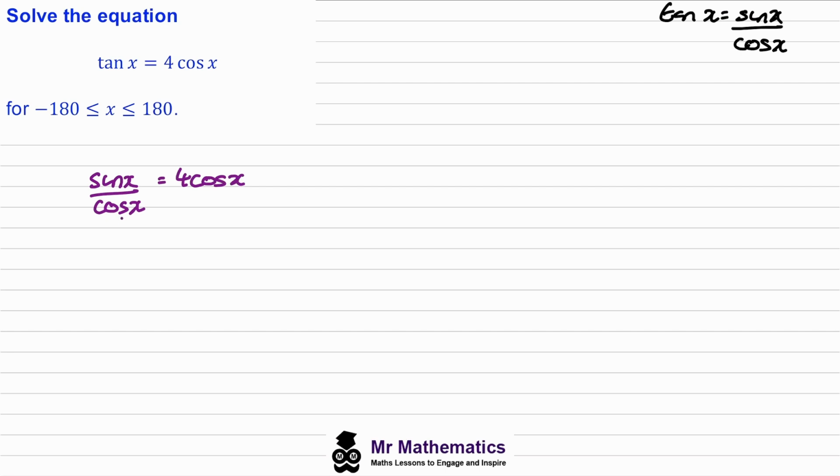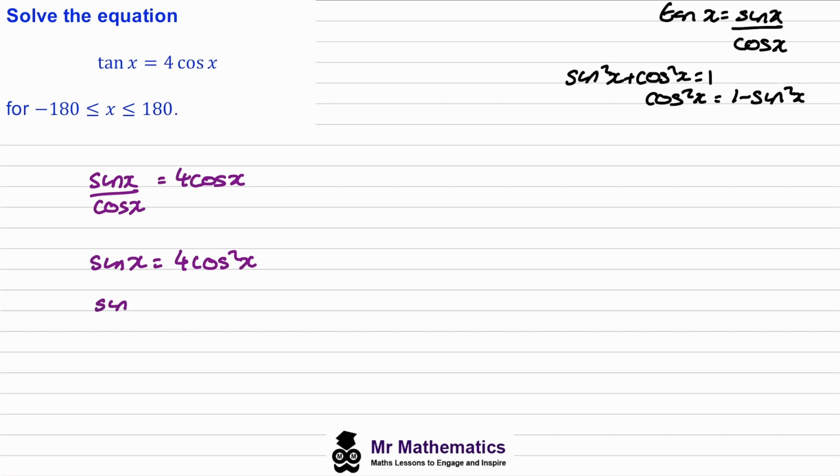Then we can move this denominator to the right-hand side. So this will give us 4 cos squared x. And then we can use the Pythagorean identity to write cos squared x in terms of sin x. So cos squared x will be equal to 1 minus sin squared x. Then we'll substitute this into here.